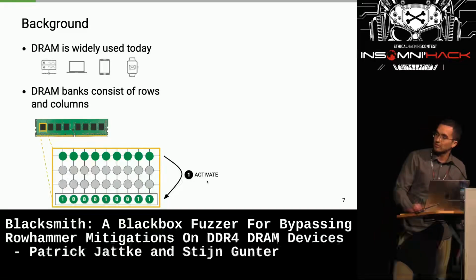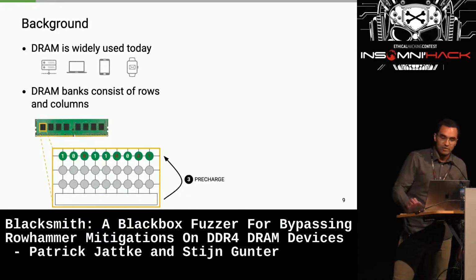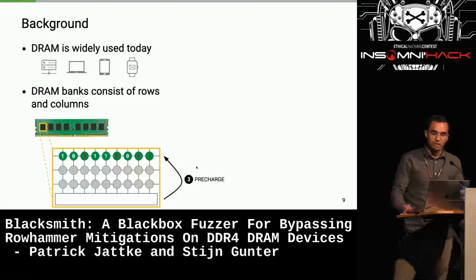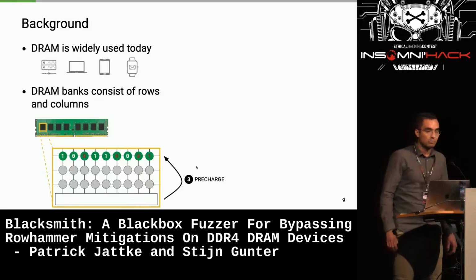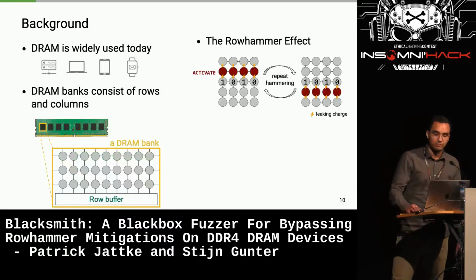After this row has been activated and loaded into the row buffer, you can, for example, do a write and modify the values. And after that, before you access another row, you have to issue a precharge command that writes back the modified data. Let's see how this mechanism can be exploited by Rowhammer.